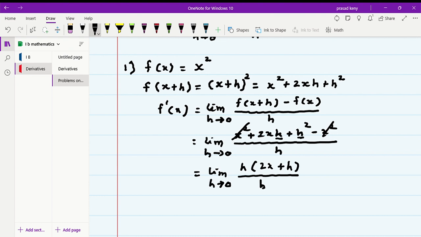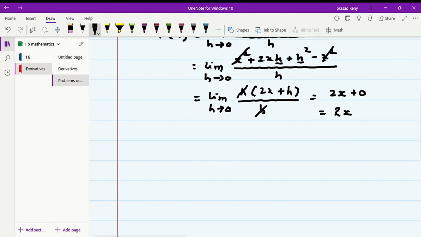So now h and h will get cancelled, and in the limiting case, this will become 2x plus 0 because h is tending to 0. So that is 2x. And hence derivative of x square is 2x, which I can also write as d by dx of x square is 2x. D by dx is the symbol for derivative.